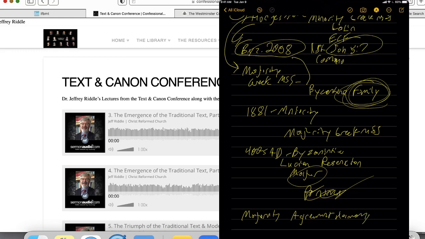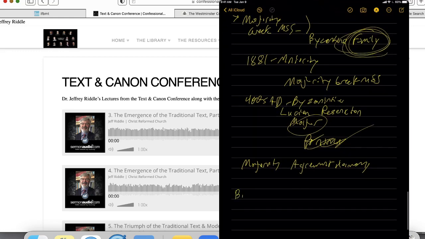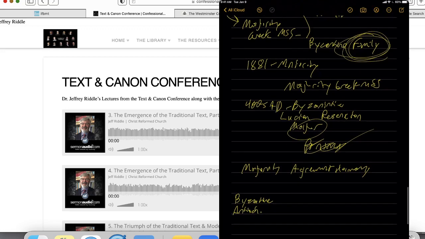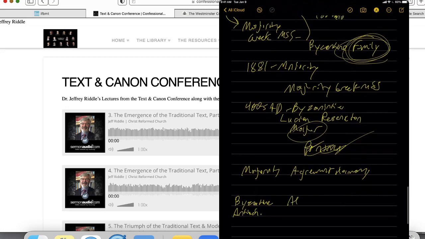And so they came up with this theory of Byzantine manuscripts, which Ruckmanites will call Antioch manuscripts, and then there was the Alexandrian. Some people will say there was a Western text type or Caesarean text type.